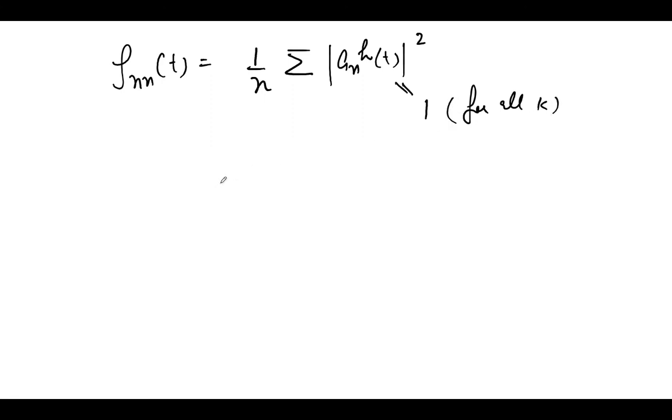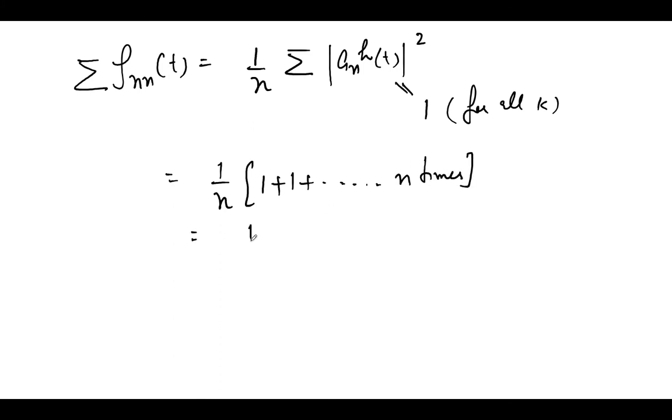So what does it mean? It means that the summation of all diagonal elements of this density matrix is equal to 1 over N times 1, added up to N times, that is equal to 1 over N into N, that is equal to 1. So similarly density ρ_mn, we can derive.